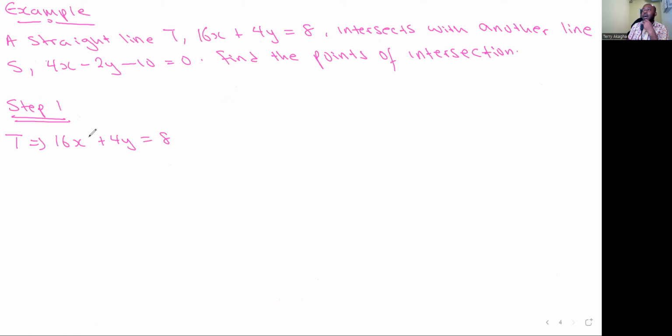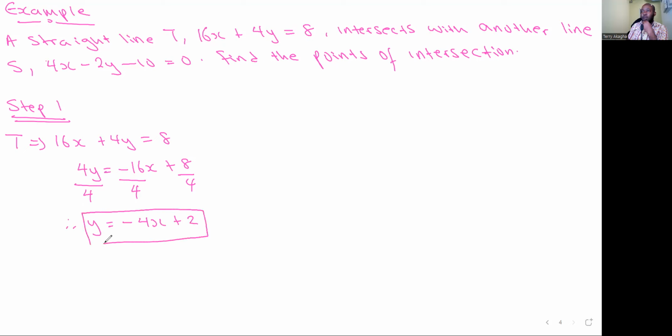I will take 16x to the other side. It's going to be 4y is equal to minus 16x plus 8. Then I'll divide both sides by 4 to make y on its own, and y will be equal to minus 4x plus 2. So this is the equation for line T.